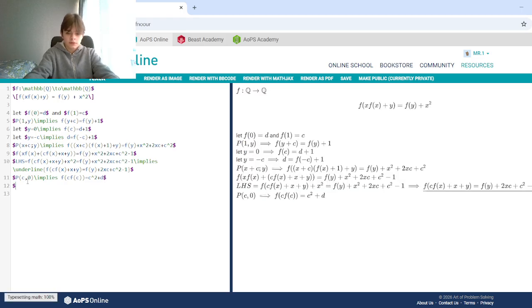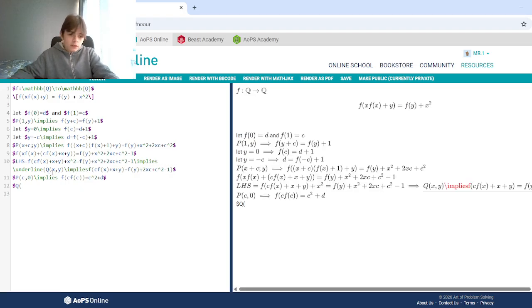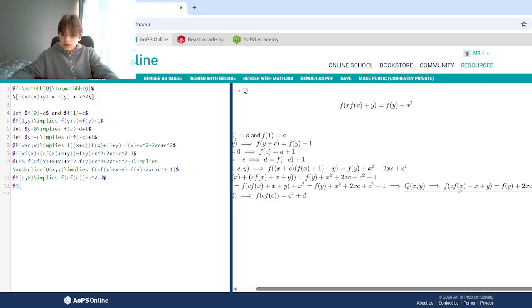And in this equation, let's call this Q(x, y).